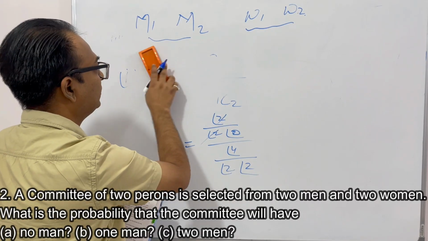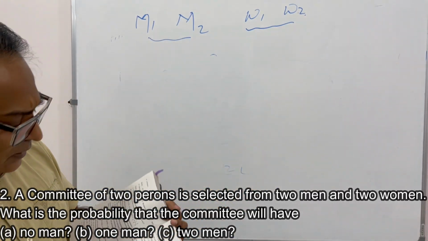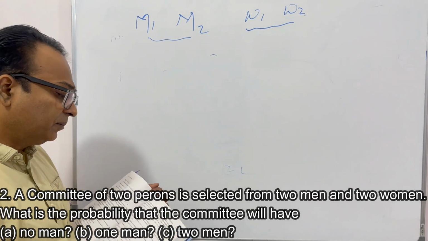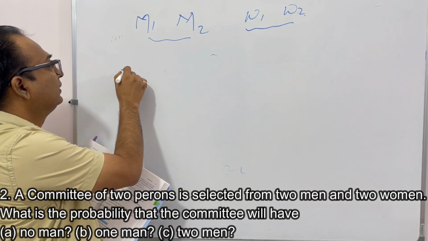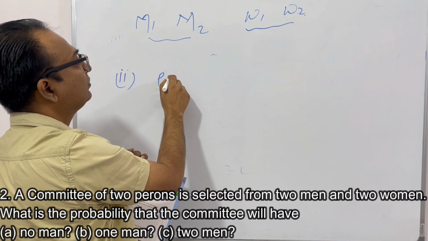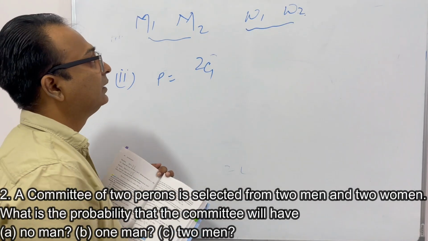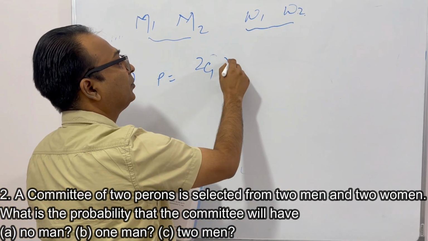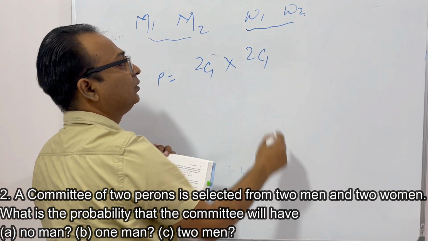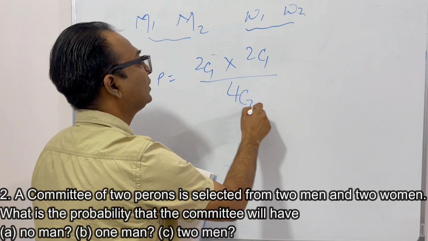Then let's see the second part. It says 1 man. That is, from the men we'll have 2C1 and then we'll have 1 woman from here, 2C1, by 4C2. This is our total committee.